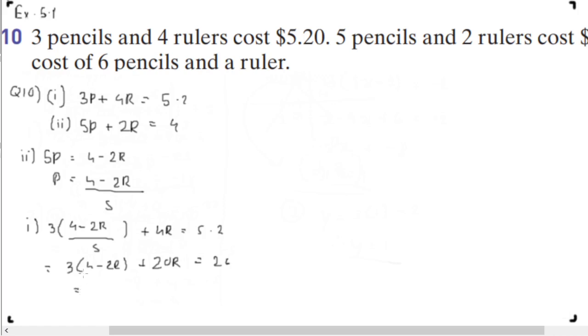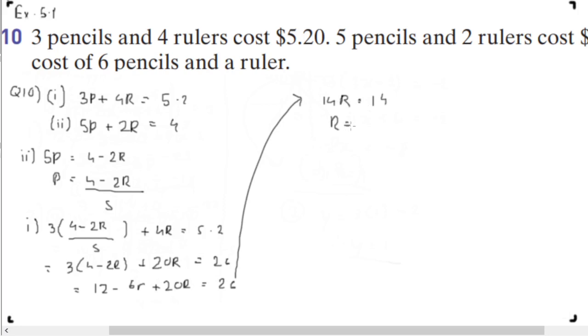Then if we distribute this, we get 12 minus 6r plus 20r is equal to 26. So if we go all the way here, we can conclude that 14r is equal to 14.